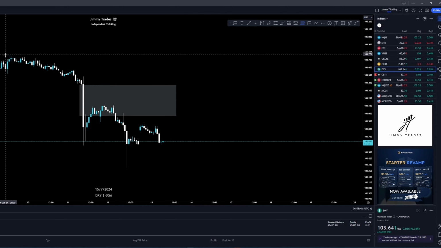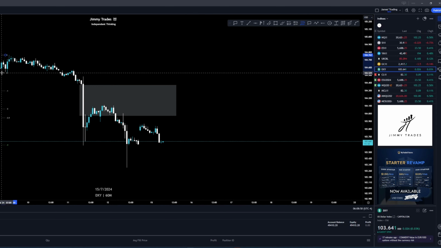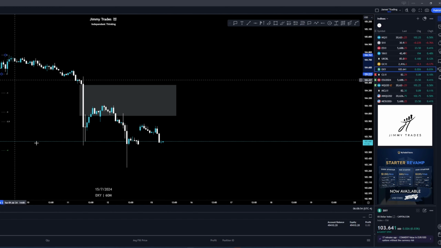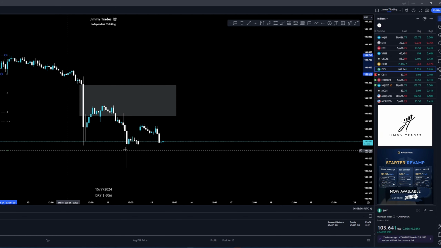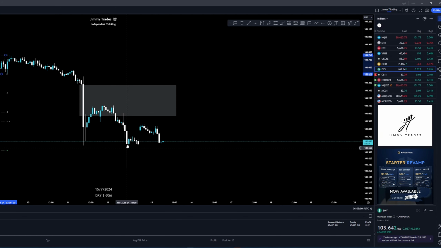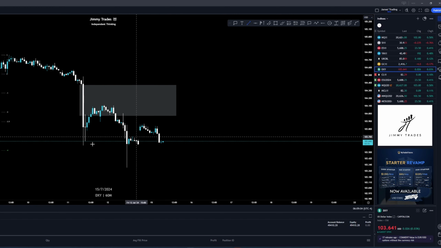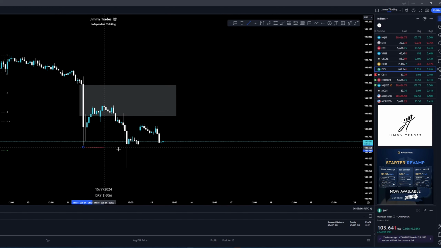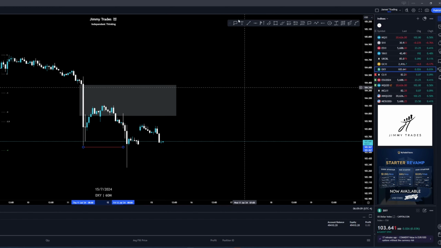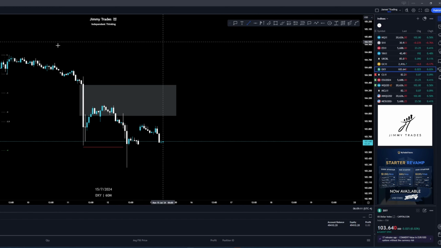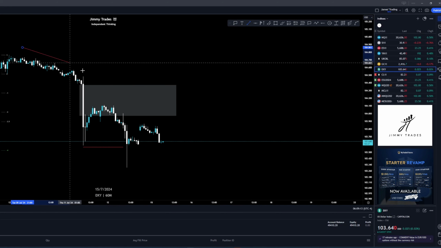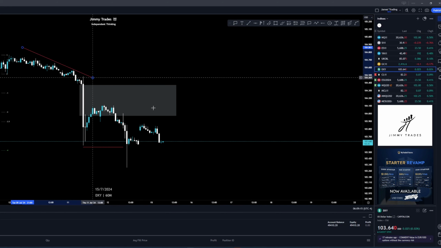We ran the standard deviations off here previously. So price did wick below the -4 and came back up. So it actually created high resistance liquidity here. And we've got a ton of low resistance liquidity running down here.